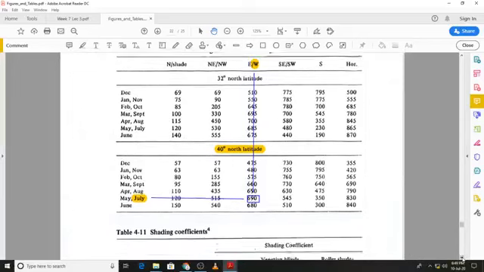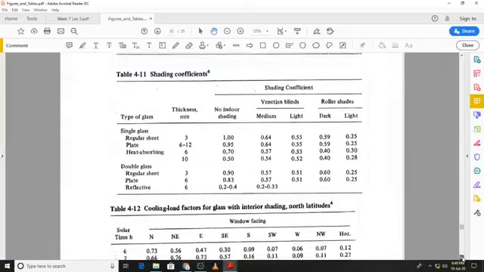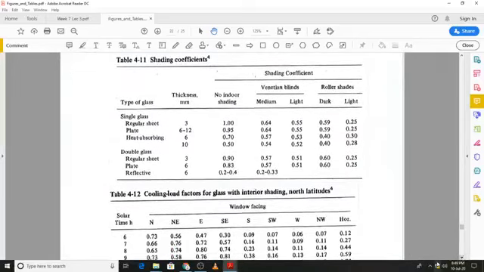Just scroll down, that is the next table, shading coefficient, and we are given various options regarding the shading coefficient. We know we have Venetian blinds inside. What type of Venetian blind? We have light Venetian blinds. Then what type of glass we have?